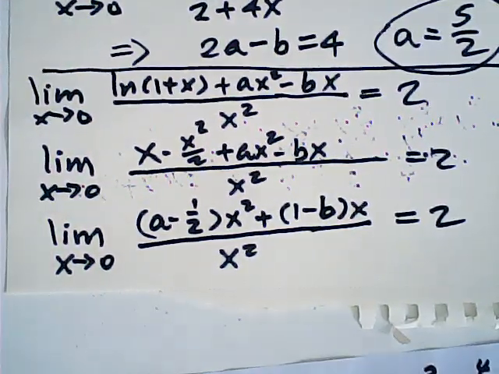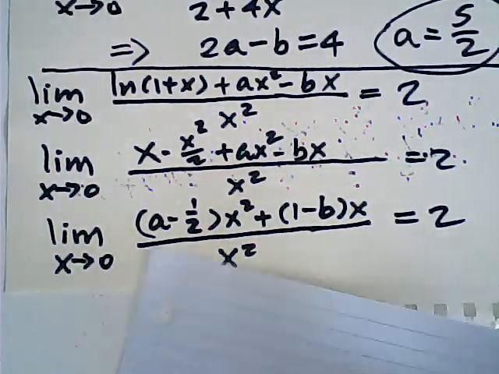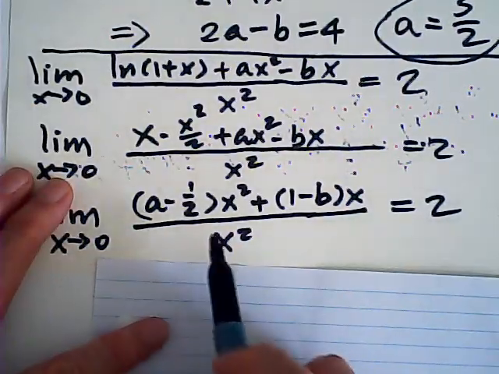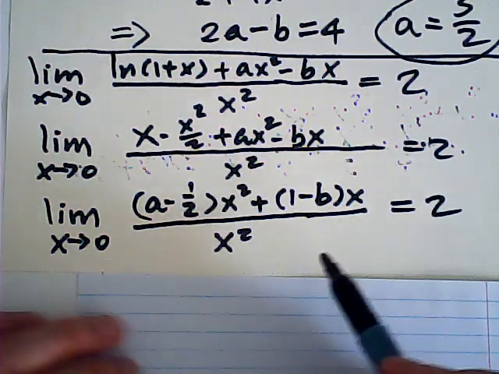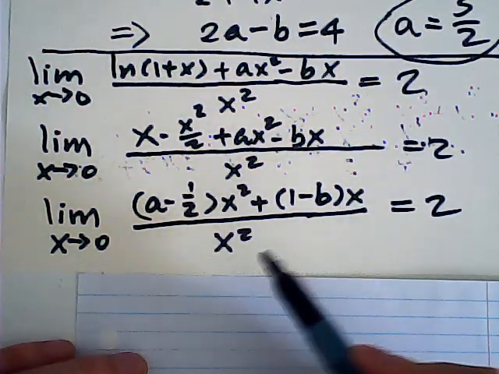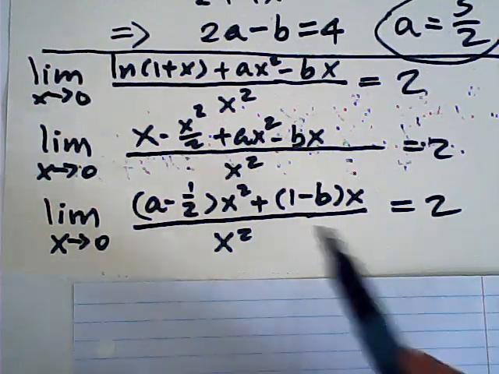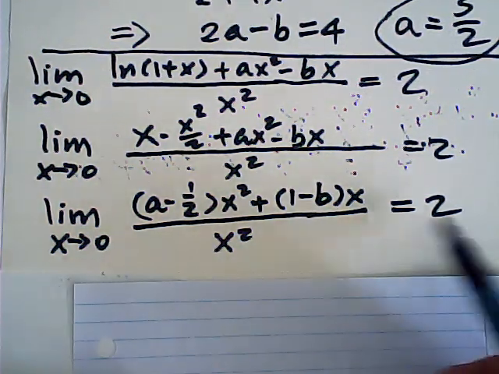Okay, now look here. We know that both numerator and denominator are going to be 0, but the ratio is 2.